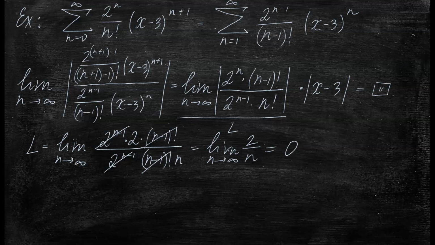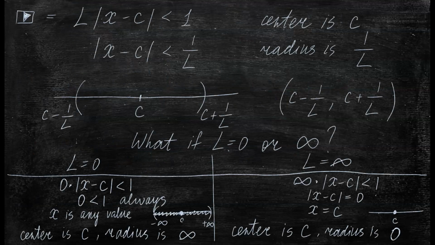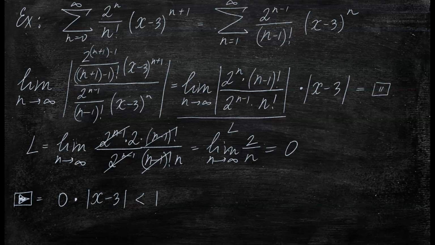So what do we have here? We have 0 times x minus 3, and we want that to be less than 1, but 0 is always less than 1, so we kind of go in this way of reasoning here, and since 0 is always less than 1, then my interval of convergence will look like this.